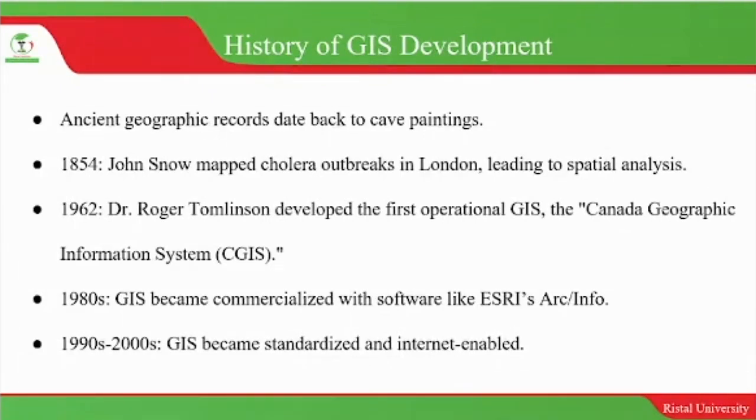But in 1980, we saw an upgrade, and GIS became commercialized with software such as ESRI, ARC, Info GIS, and Quantum GIS. So you have very many versions of GIS.